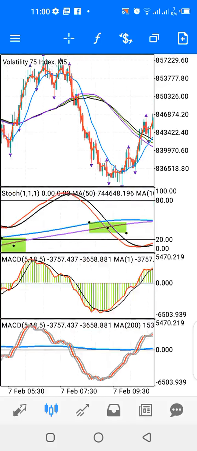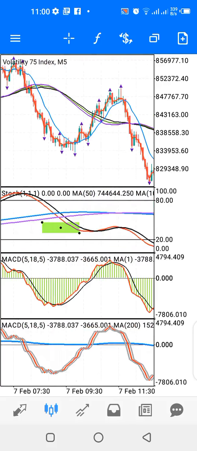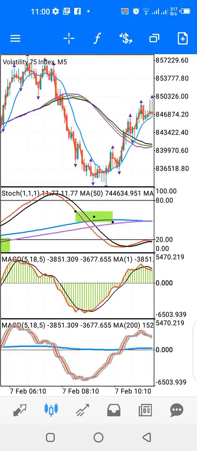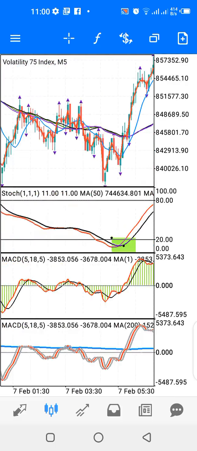Okay, for downtrend, when you see the red line and the black line crossing down on the blue and the purple line, then you have development of a bearish trend.